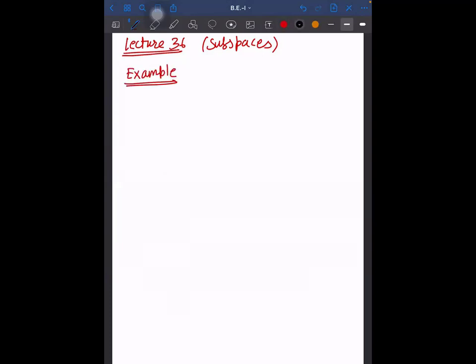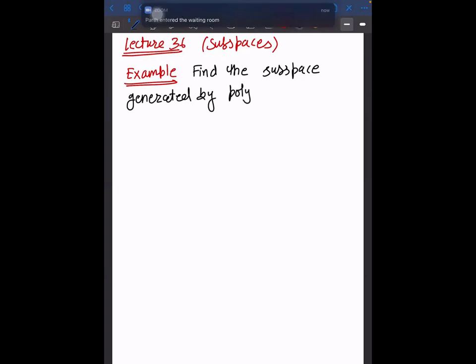So we are continuing on the subspaces. This is the next example: find the subspace generated by polynomials. And what are they?